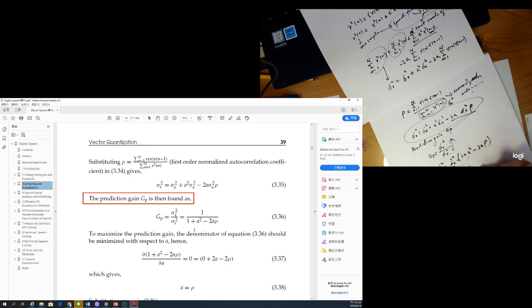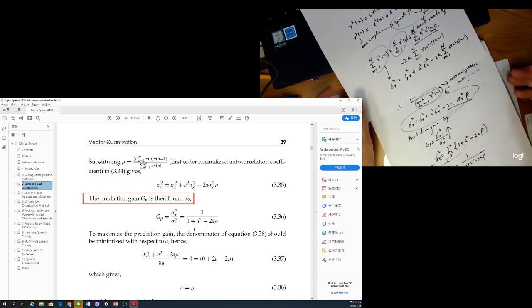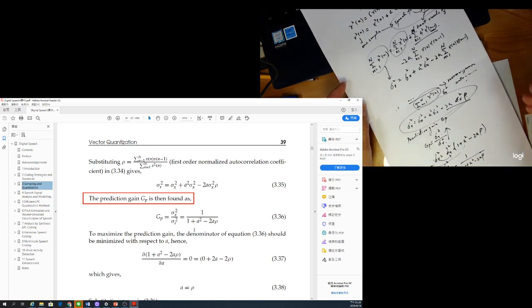So you'll get 1 plus A square minus 2AR. Because we try to make this one maximum, this is the denominator, so we try to make the denominator smaller.